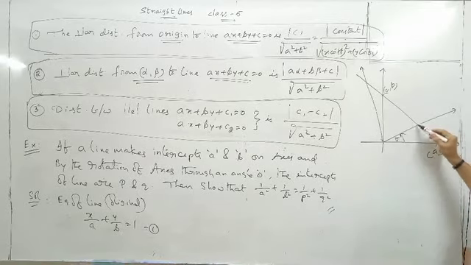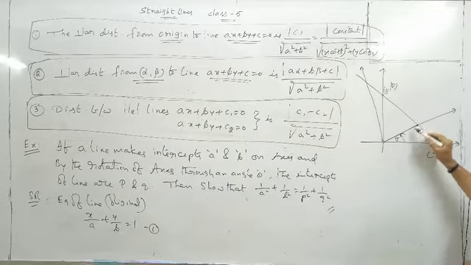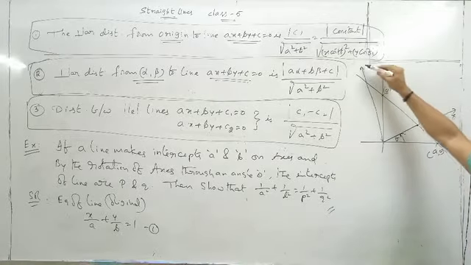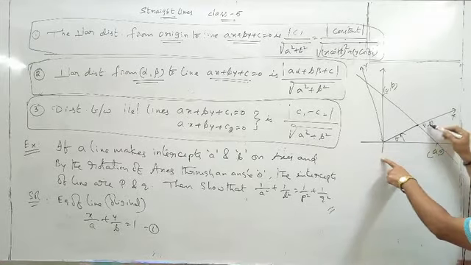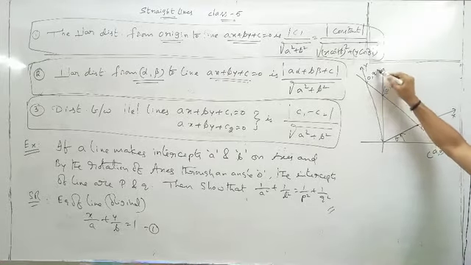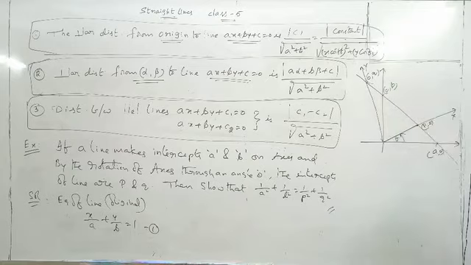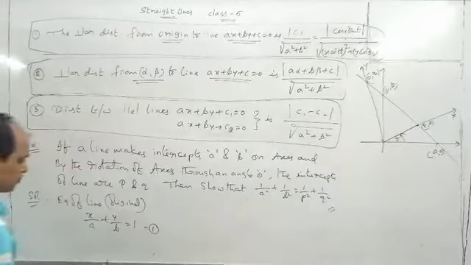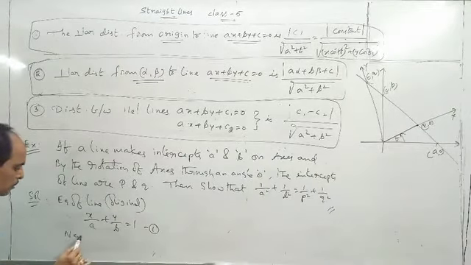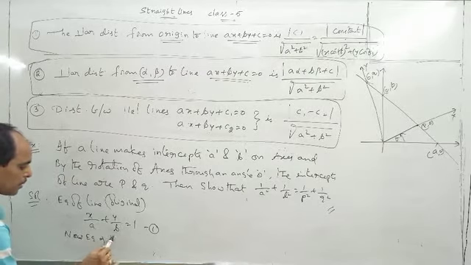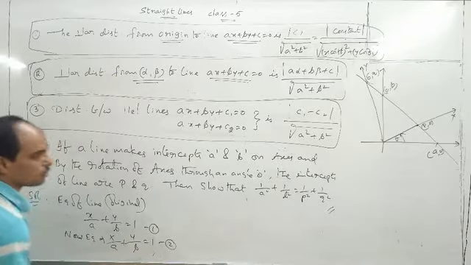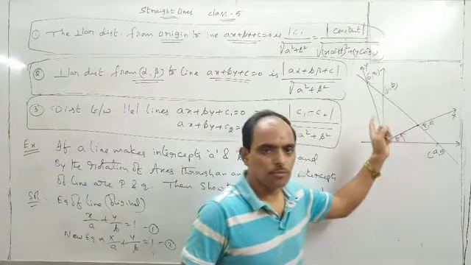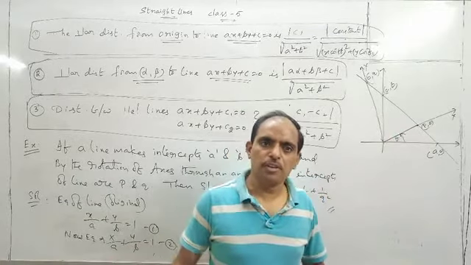Then this is the new x-axis and this one is the new y-axis. These are the new intercepts, P comma 0 and 0 comma Q. So what about the new equation? The original equation is x by A plus y by B is equal to 1. With intercepts P and Q, the new equation is x by P plus y by Q is equal to 1.